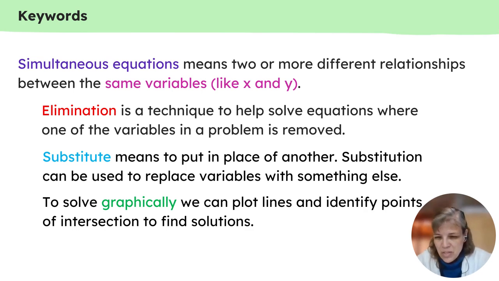We can substitute, which means I put something in place of x, or I put something in place of y, so that there's something else being used there. Or we can solve them graphically.